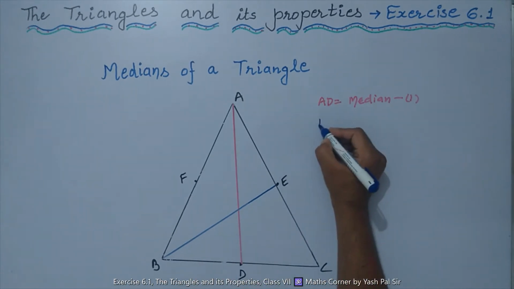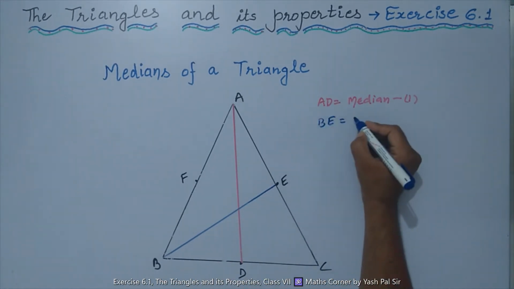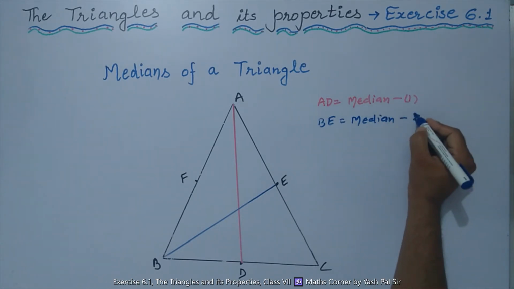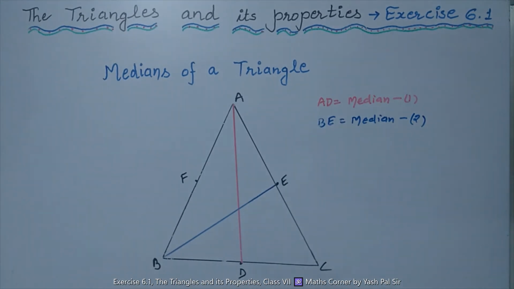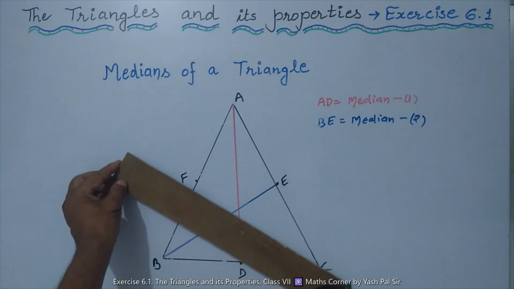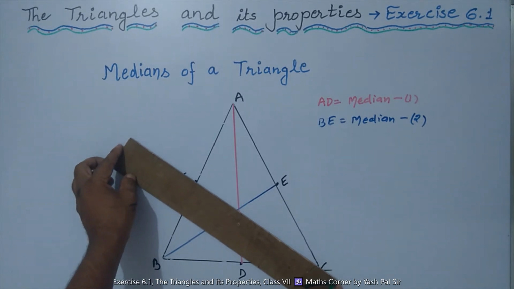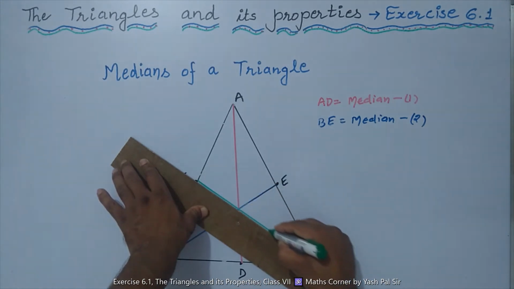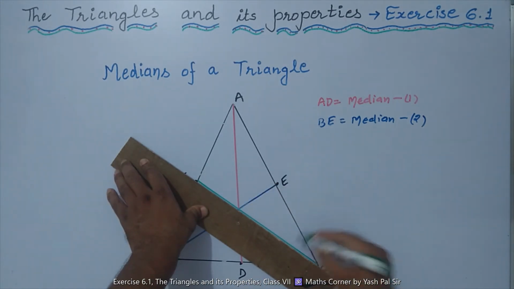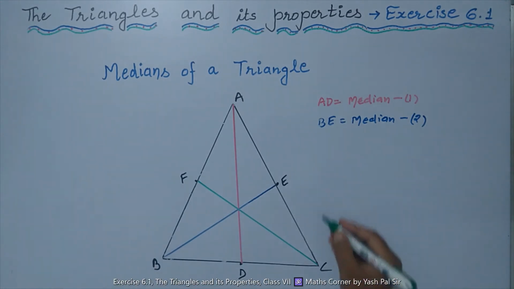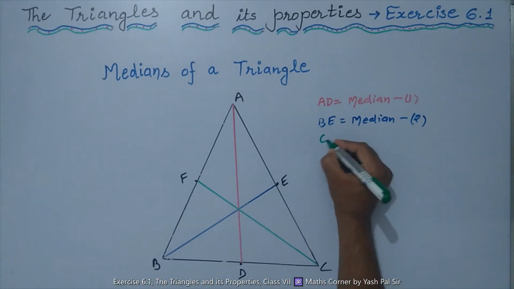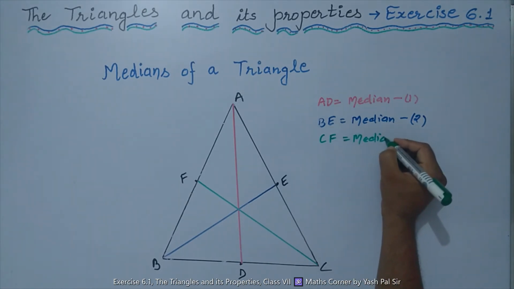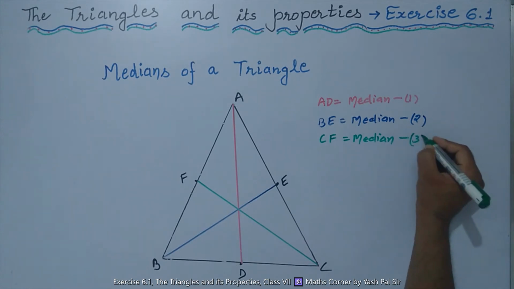So BE is also median of the triangle. This is second median. Lastly, we join the third vertex of the triangle with the midpoint F. This way we have joined. Okay, now what we write here? CF. CF is also the median of the triangle. This is the third median.